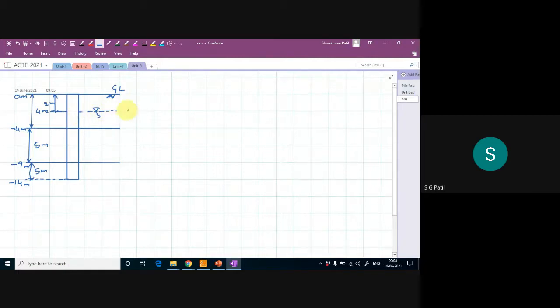The top layer is loose sand, this is medium dense sand, and this bottom layer is dense sand.